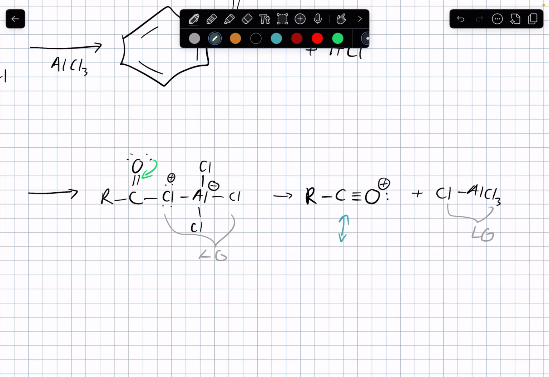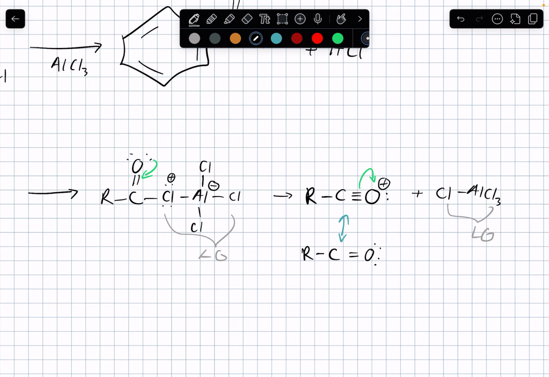This one can be rewritten as RCO. But we have to go through this first so that we can separate the leaving group from our electrophile, because carbon can only attach to 4 maximum.